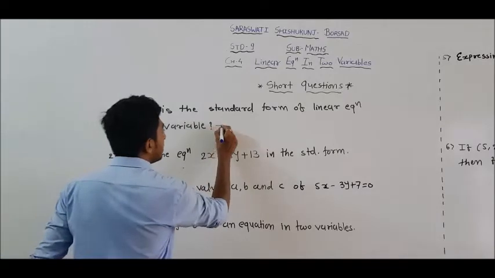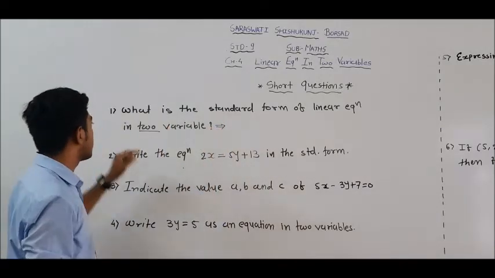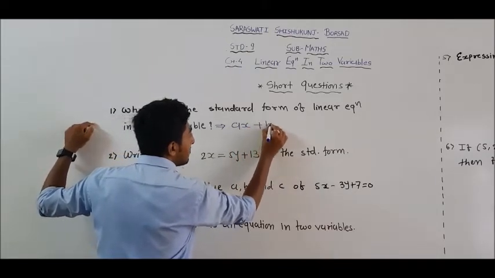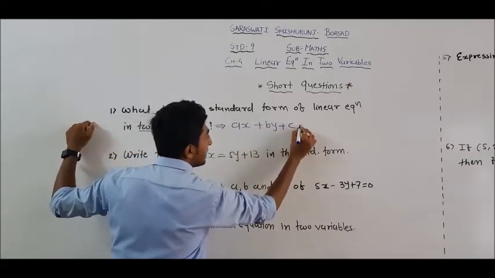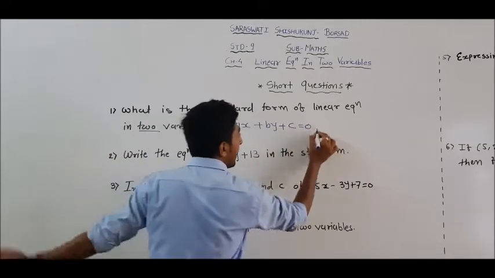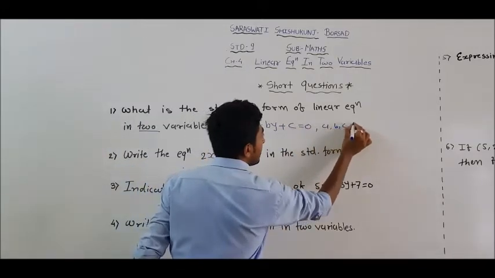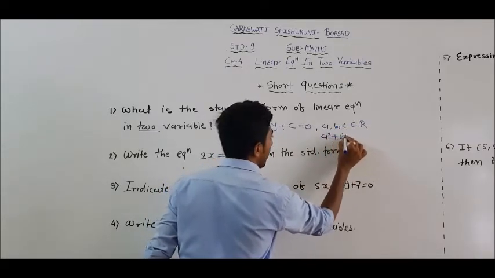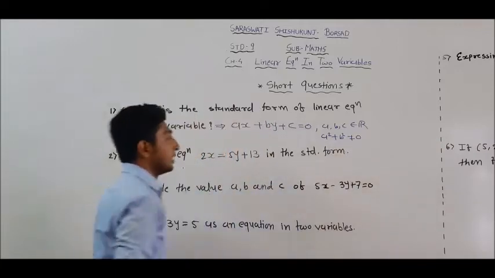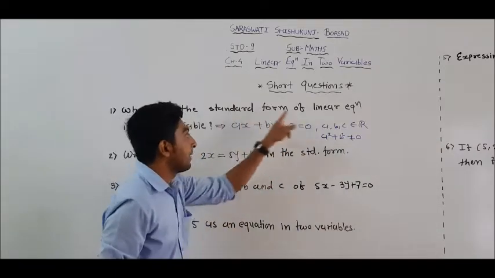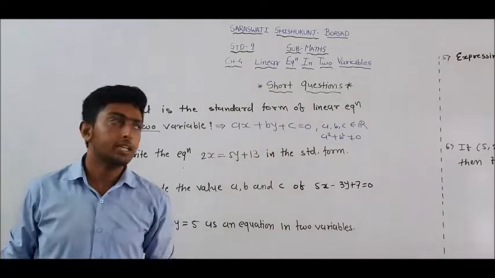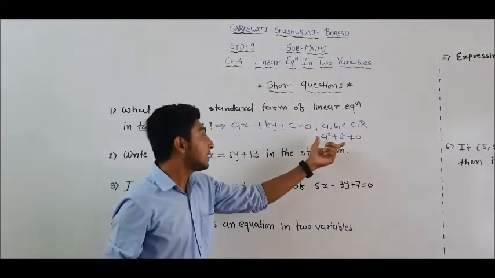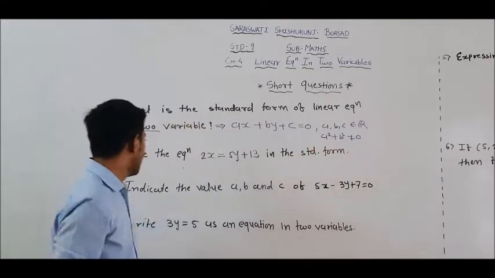So the answer is, the standard form of a linear equation in two variables is ax plus by plus c equal to 0, where a, b, c belong to R, and a square plus b square is not equal to 0. This is the main standard form. R means the real numbers, and thus a square plus b square is not equal to 0.